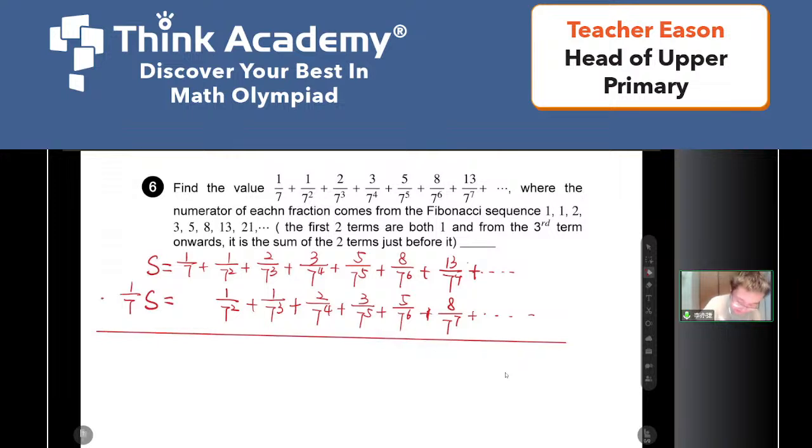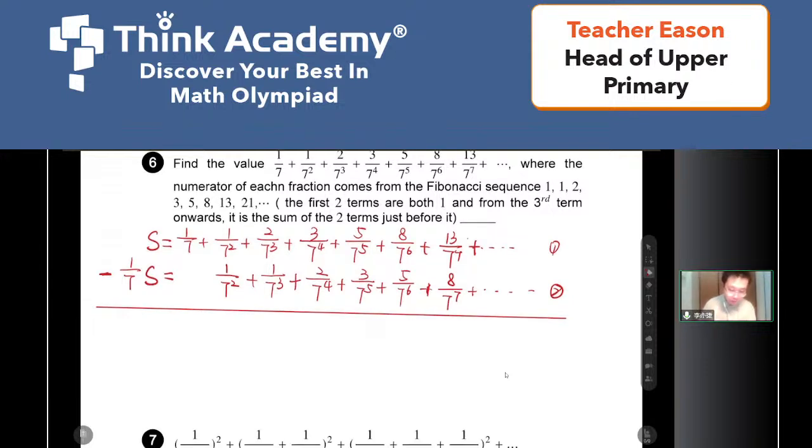The difference is that we use the original one minus the multiplied one. So on the left it is 1s minus 1 over 7s, so it's 6 over 7s. To the right, let's see. There is 1 over 7 here, right? 1 over 7 here, and a 0 here.